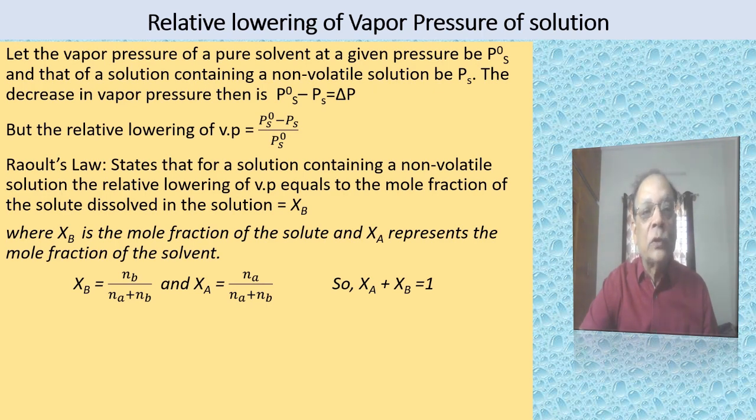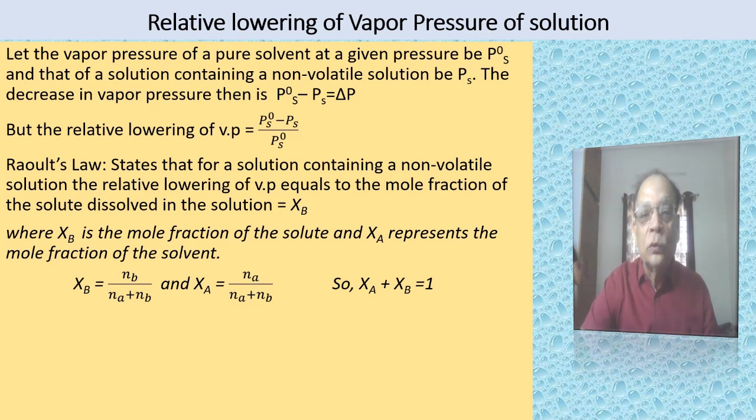Now let the vapor pressure of pure solvent at a given temperature be P0S, and that of a solution containing a non-volatile solute be PS.